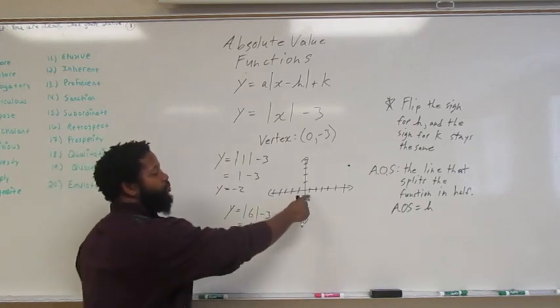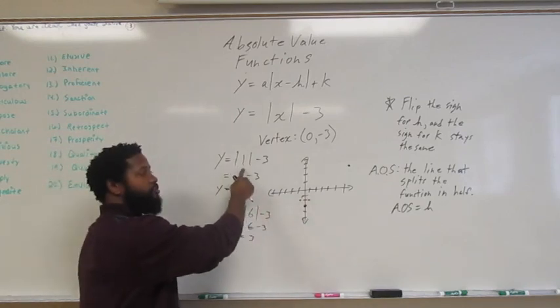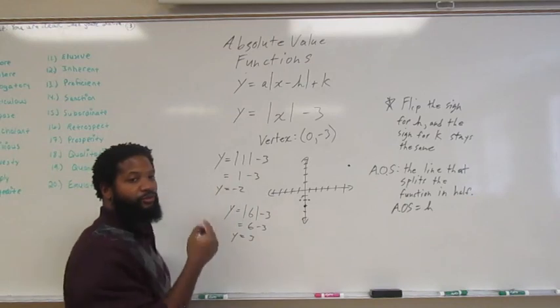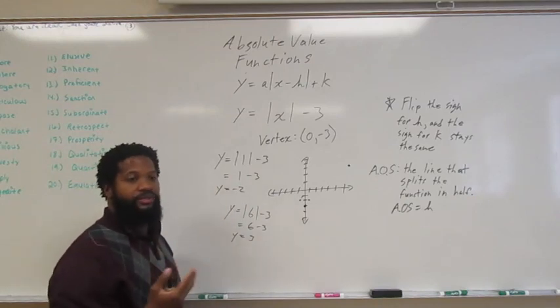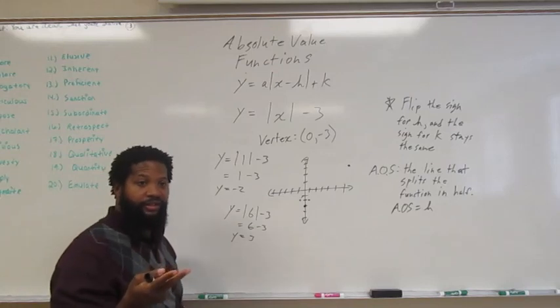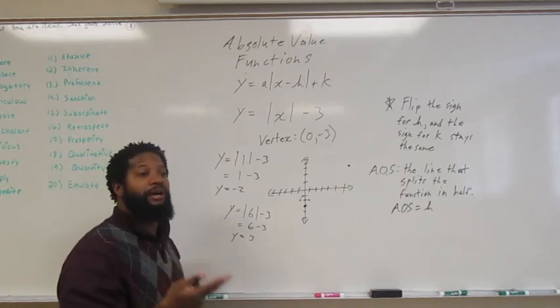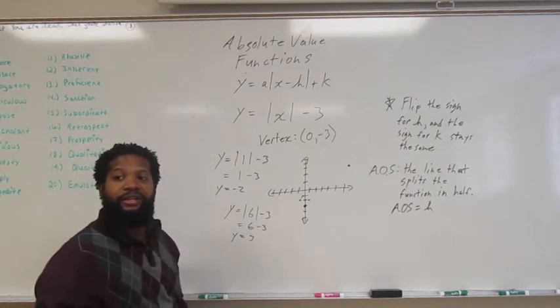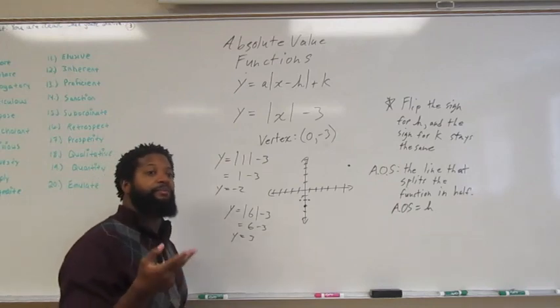If this was 1 right here, the absolute value of 1 is 1. What's the absolute value of negative 1? 1. Whether your number is positive or negative, it'll always come out as a positive number.